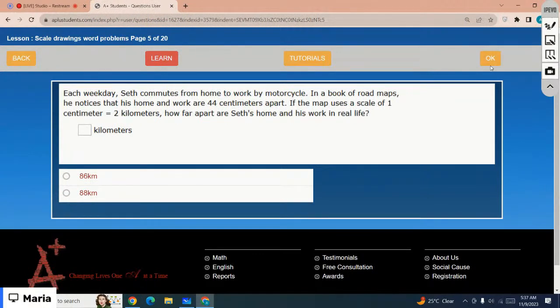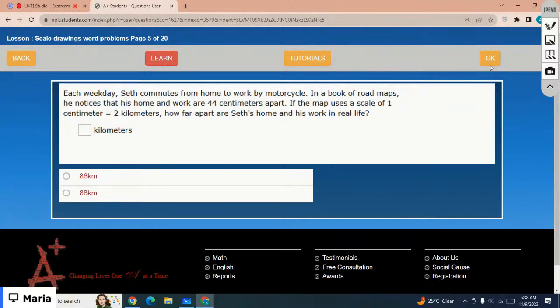Each weekday, Seth commutes from home to work by motorcycle. In a book of road maps, he notices that his home and work are 44 centimeters apart.